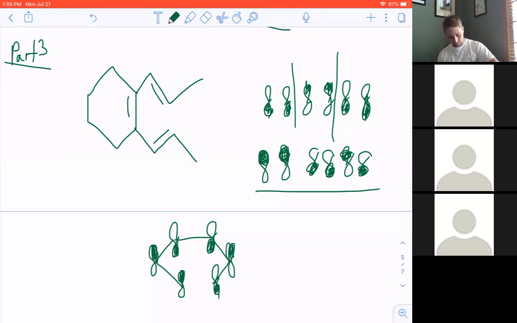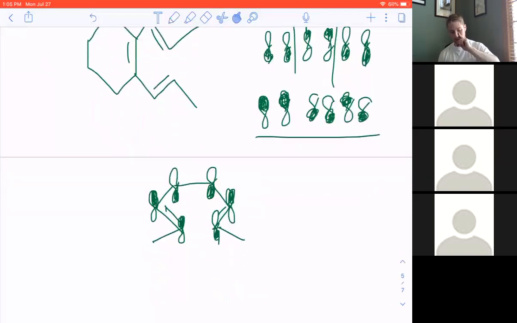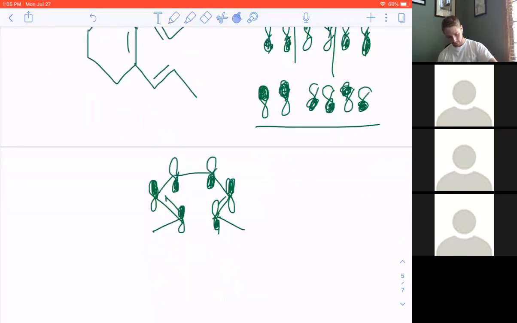It also had these methyl groups coming out on either side. In order for these to combine to make that sigma bond, I'm going to rotate this one this way and this one also this way. So that would be conrotatory.